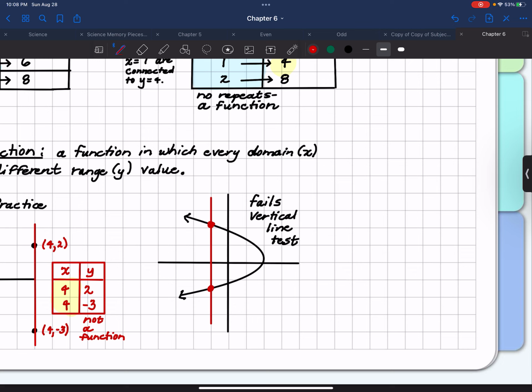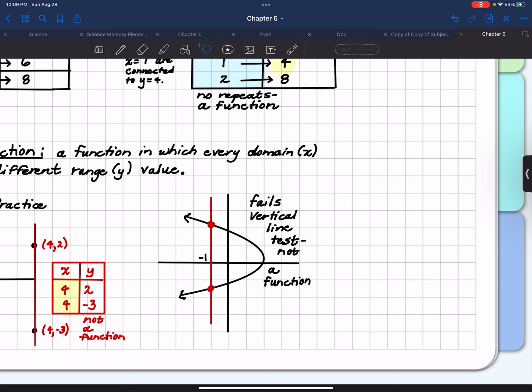If it fails the vertical line test, it is not a function, because that means it has 2 x's that are exactly the same. In my graph here, the x is back here at -1. So both of these points are at -1 on the x-axis.